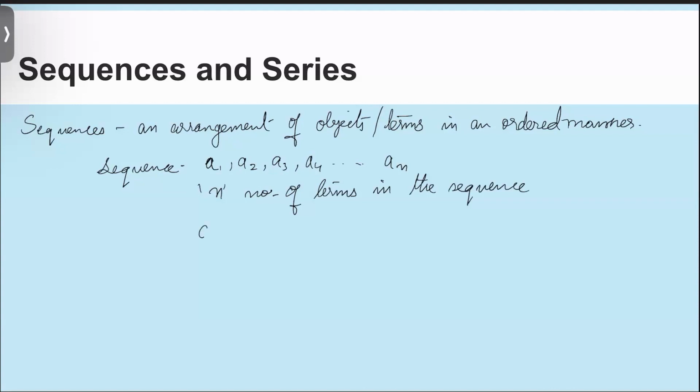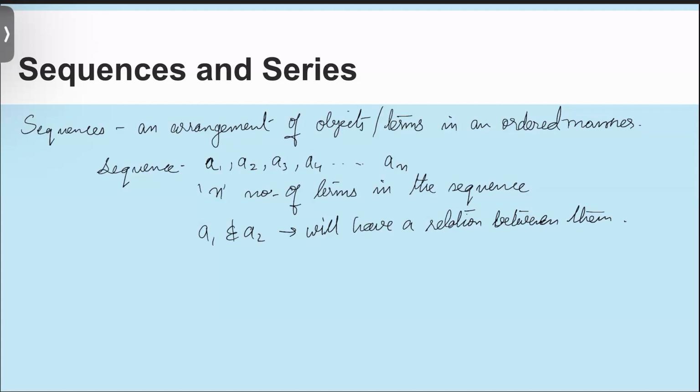And A1 and A2 will have a relation between them. Either A2 would be some sort of a multiple of A1, or it could be obtained by adding or subtracting some term with A1 to get a new term A2.